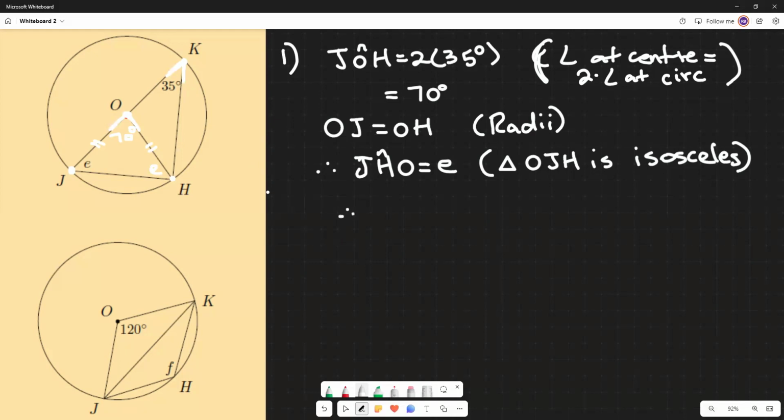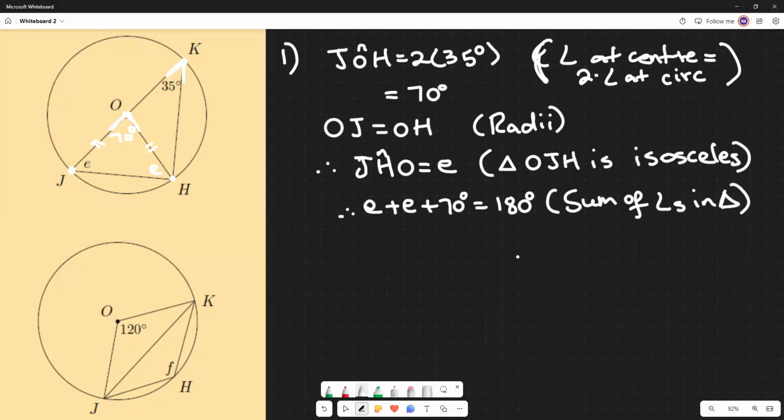Therefore, using angles in a triangle, angle E plus angle E plus 70 is equal to 180 degrees. Then your reason will be sum of angles in a triangle. They always add up to 180. And then 2 angle E, when you add this together, will be the same as 180 minus 70 degrees.